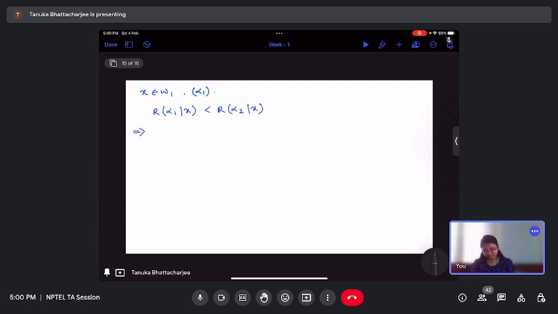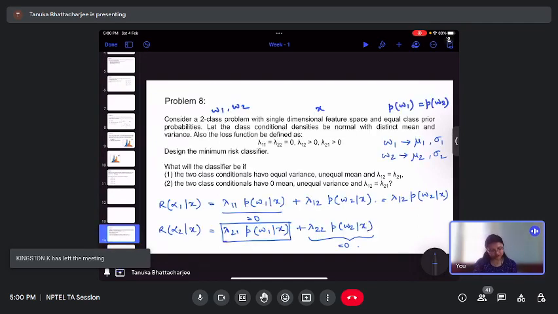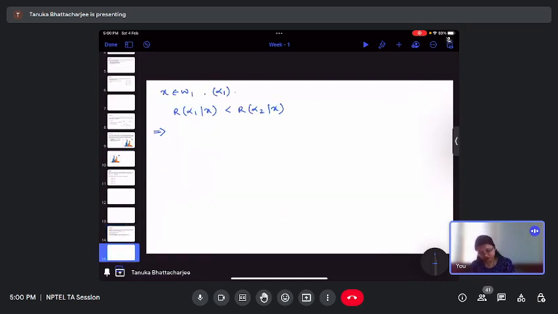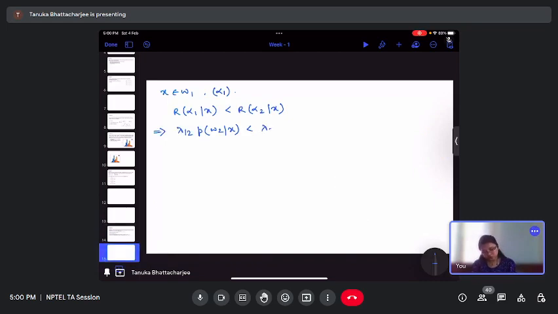That means, what was the risk for taking the action alpha 1 given x? That was lambda 1 2 into probability of omega 2 given x. That should be less than lambda 2 1 into probability of omega 1 given x.